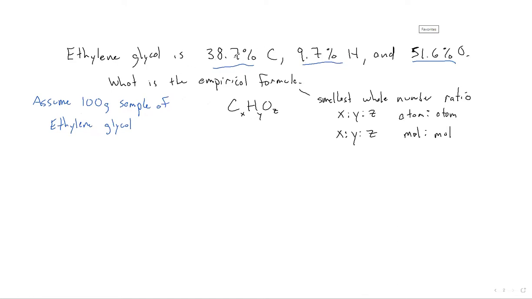So this would be 38.7 grams of carbon, 9.7 grams of hydrogen, 51.6 grams of oxygen. That's what assuming a 100-gram sample is. So now I can express percentages as grams.